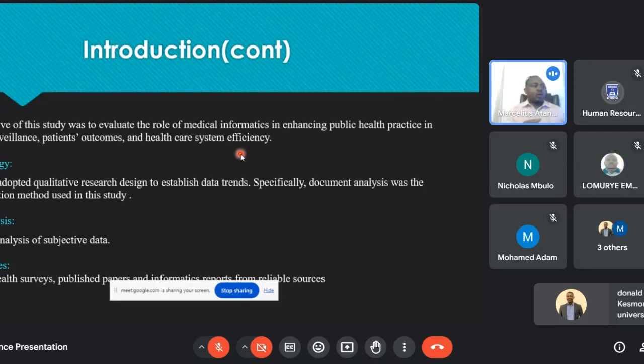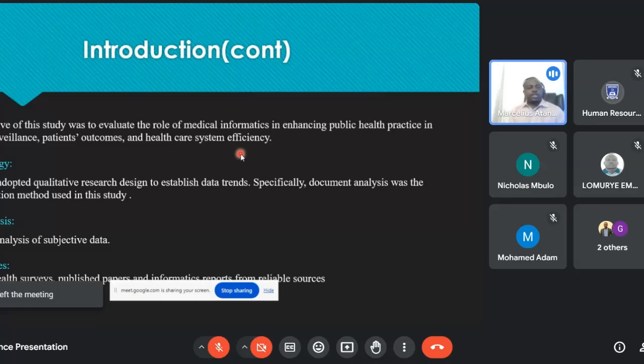patient's outcome, that is, when you have an event as a patient, what will be the outcome depending on the approach, either the institution or the organization or the health organization or the physician or the nurses are going to impact on you depending on what technology they are using in that institution.